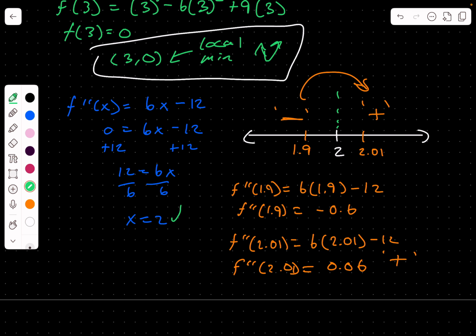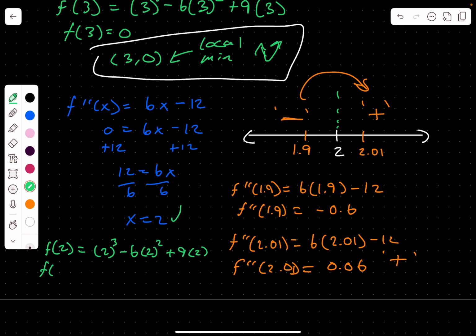If you are asked to find the coordinate of your inflection point, all you have to do is plug in x equals 2 into your original function. So we can do that right now. f of 2 equals, and our original function was x to the third power minus 6x to the second power plus 9x.